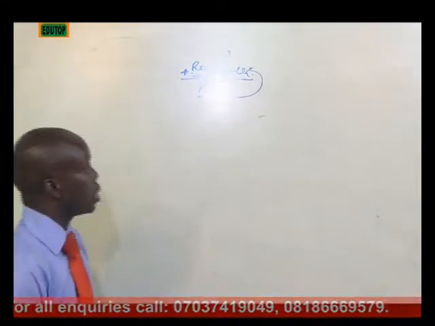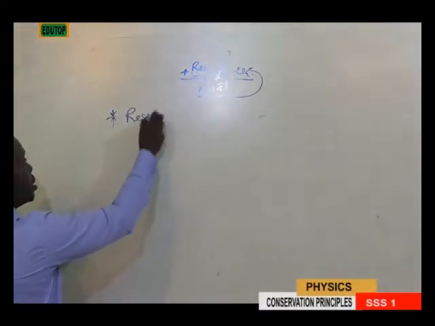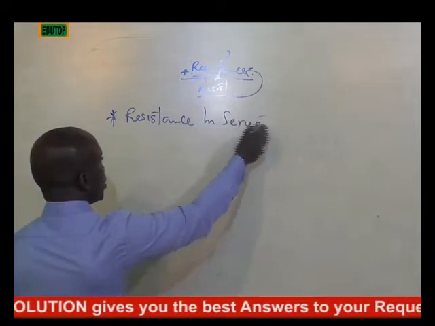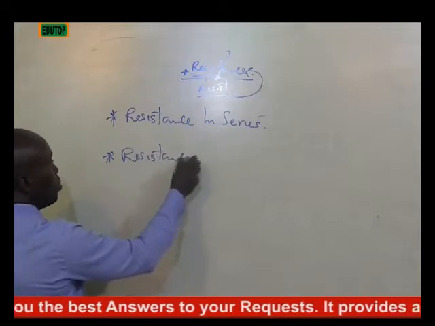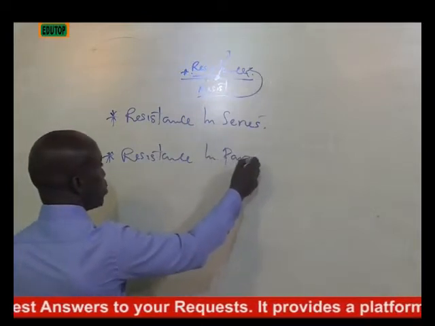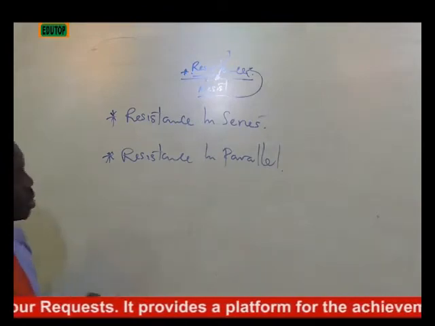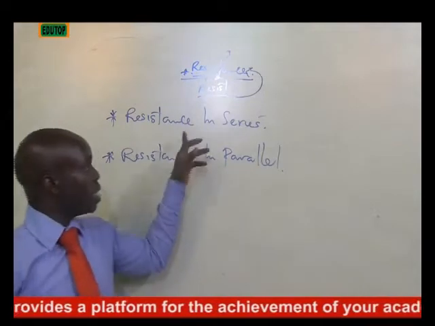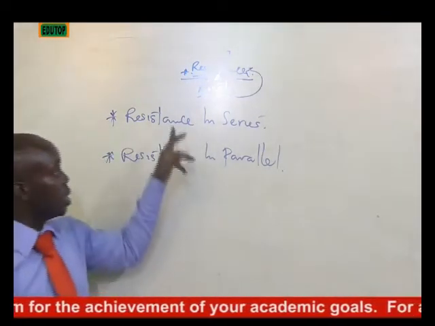Meaning that you can have resistance in series and your resistance in parallel. What does that mean? We are looking at the circuit placement method of your resistance, different resistances or different resistors.